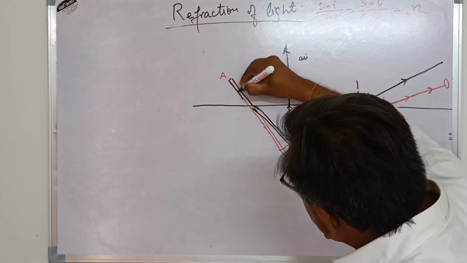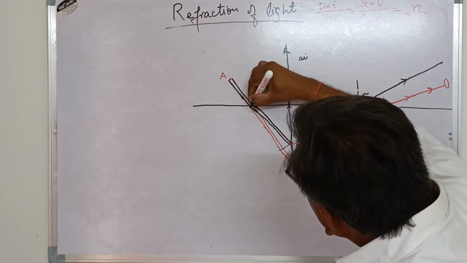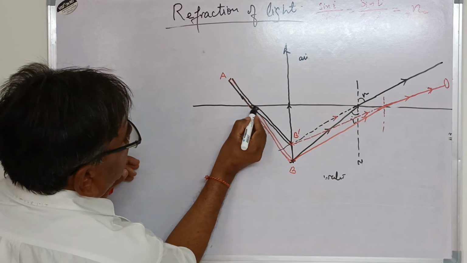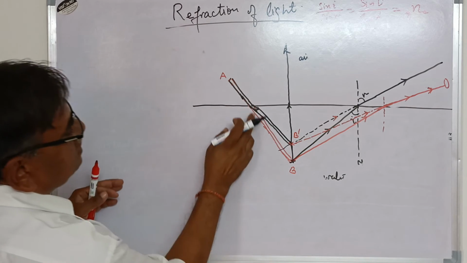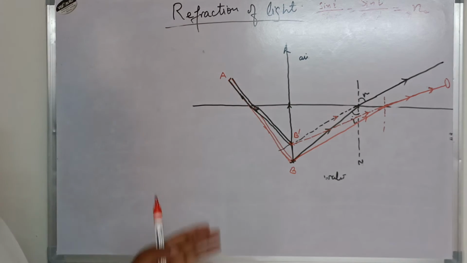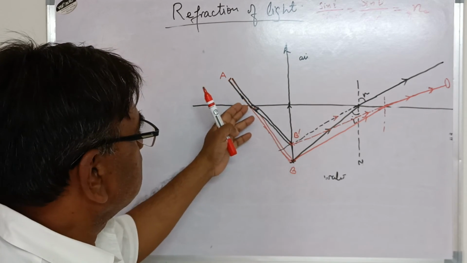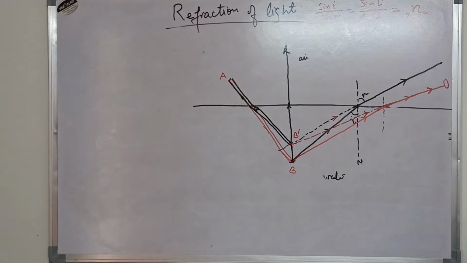You will feel that your stick is bent at the boundary. It is not straight. This is the effect of refraction.